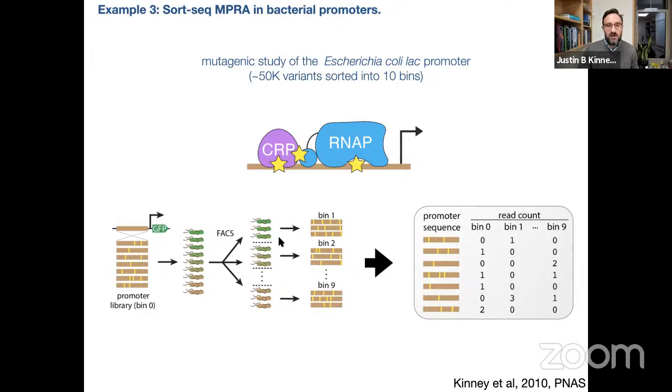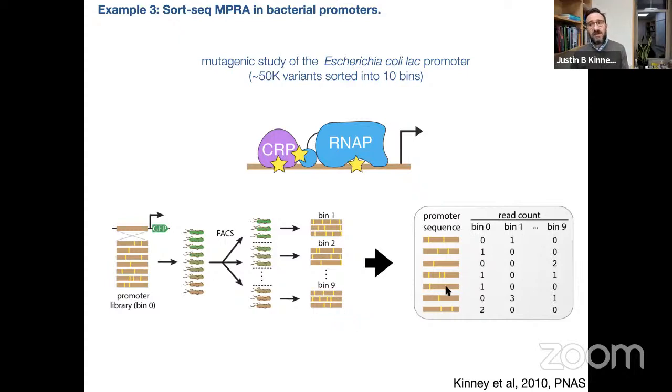What we did is we took this 75 base pair region of the E. coli lac promoter, and we created a library in which this was mutagenized by about 12% per nucleotide. It was used to drive GFP expression, put that into cells, sorted cells based on their fluorescence, and then sequenced the variant promoter sequences within each of 10 bins.